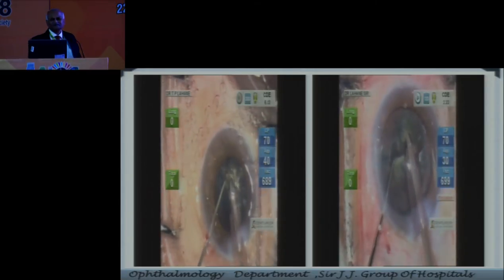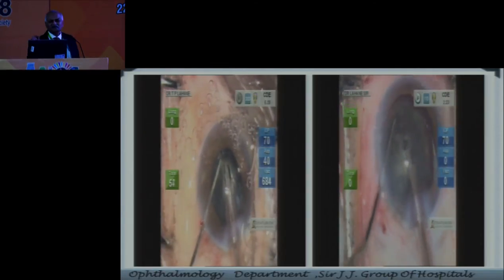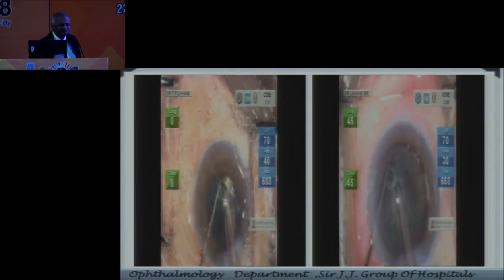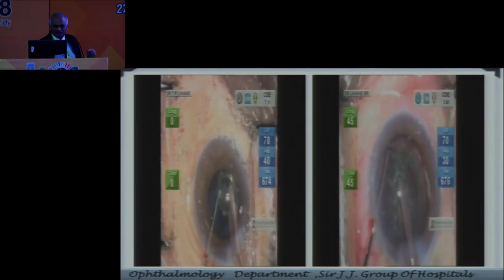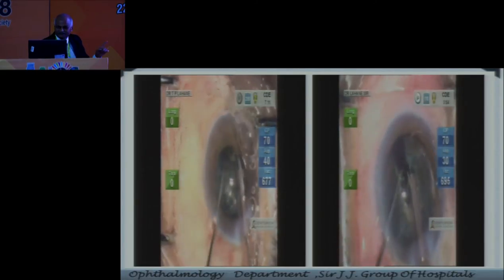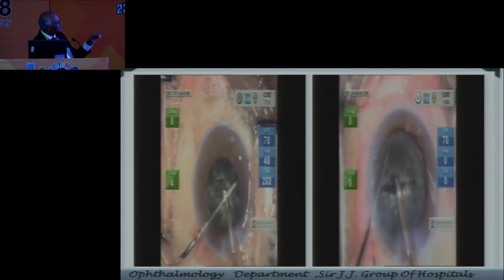So what happens? The Phaco, which is Ozil, is always useful for occlusion, but longitudinal Phaco is useful for cutting.